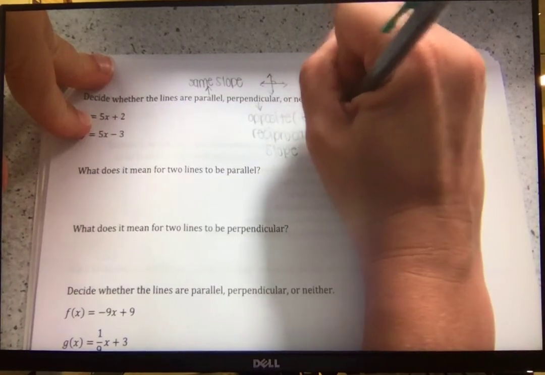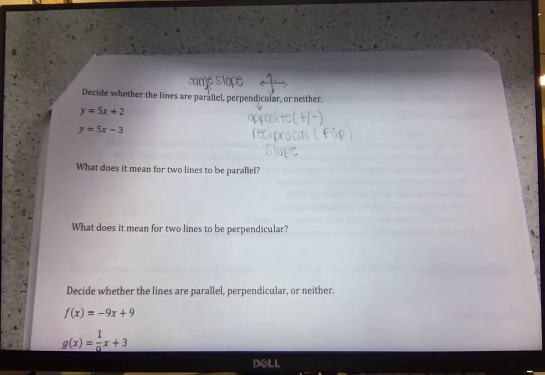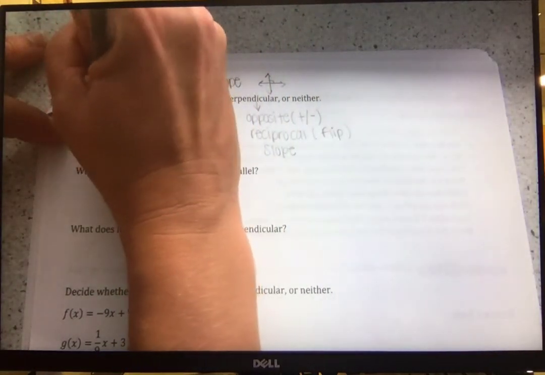What's our slope? What's our m value? 5. So if they have the same slope, what does that mean? They're parallel. They have the same slope, so we know they are parallel.